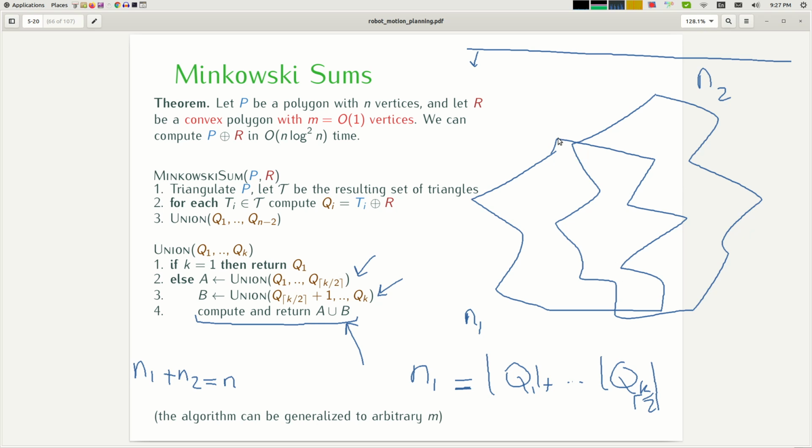And now we claim that the only intersections that exist between A and B are the boundary intersections. But this essentially follows by definition, because A is the boundary of the first half and B is the boundary of the second half. So whenever you have two boundaries intersecting, you get the boundary of the union. So that means the total number of intersections is O of n.